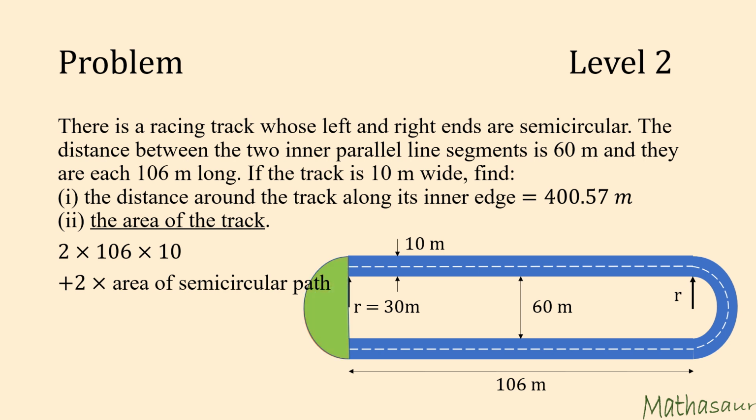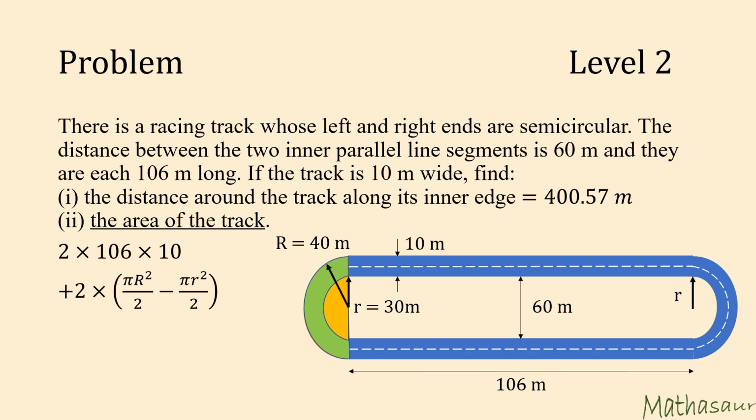We could take the area of the bigger semicircle and subtract the smaller semicircle. Now the bigger semicircle has a radius 30 plus 10, where 10 is the width of the track. And we know the radius of the smaller semicircle is 30 meters. Now let us subtract the area of the smaller semicircle from the bigger semicircle.